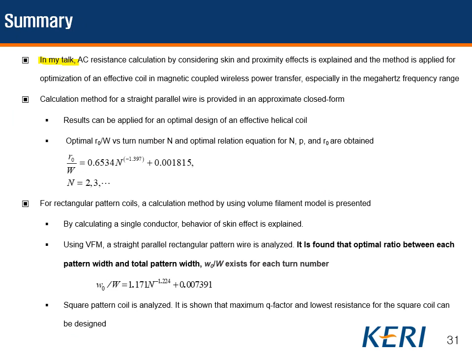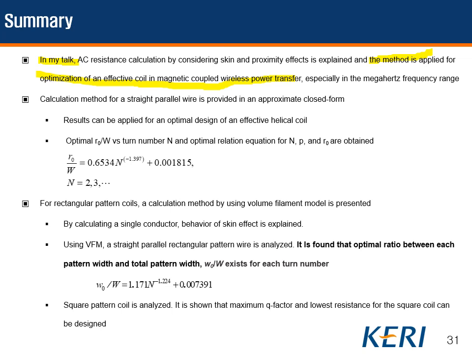In my talk, AC resistance calculation considering skin and proximity effect is explained, and the method is applied for optimization of an effective coil in magnetic coupled wireless power transfer, especially in the megahertz frequency range.